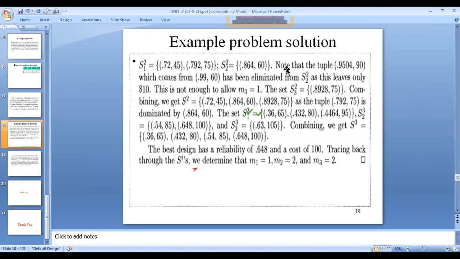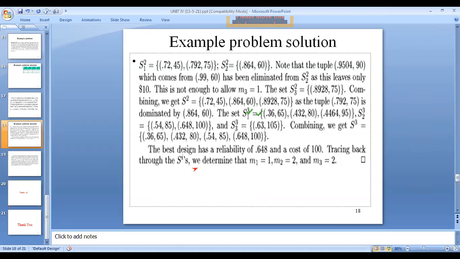In this way you can find the tuples. The tuple (0.95, 90), which comes from (0.99, 60), has been eliminated from S_2^2, as this leaves only S^1_0. So this is not enough to allow m_3 equal to 1.